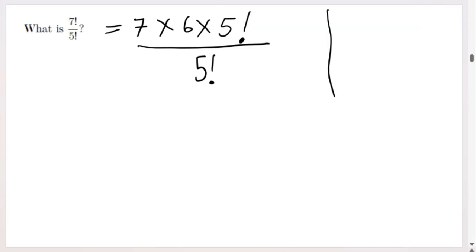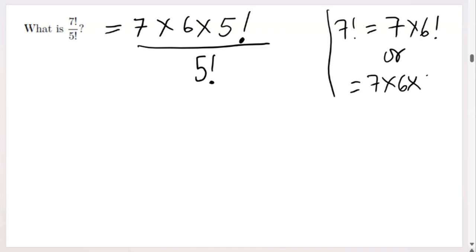Okay, 7 factorial can be written as 7 multiplied by 6 factorial. It is still 7 factorial. Or it can be equal to 7 times 6 multiplied by 5 factorial. You can stop here, or it can be equal to 7 multiplied by 6 multiplied by 5 multiplied by 4 factorial. It is still the same thing.